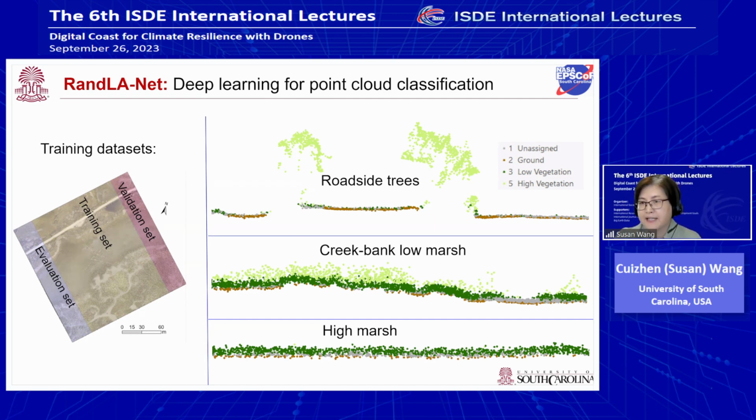Like you can tell here, the roadside trees and also the taller marsh plants along the creek bank. The high marsh, basically, they have short plants, so they're counted as low vegetation.